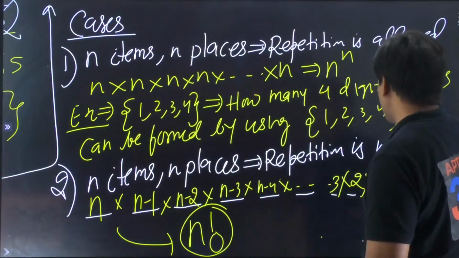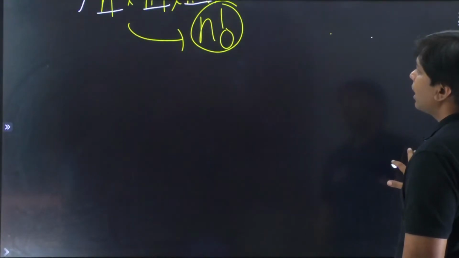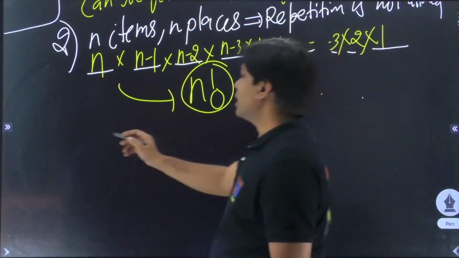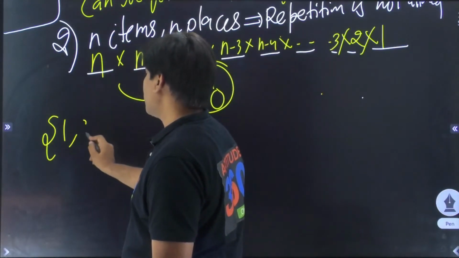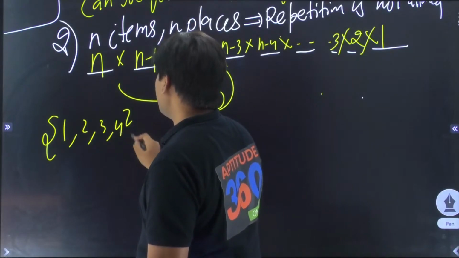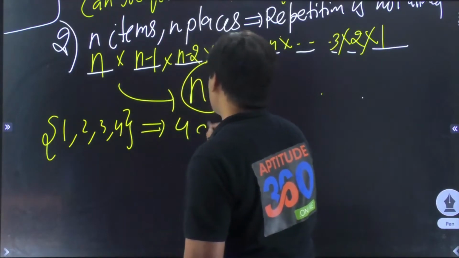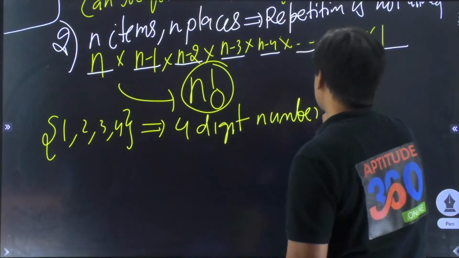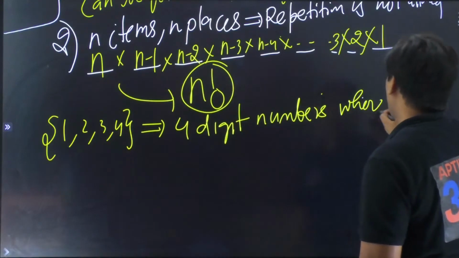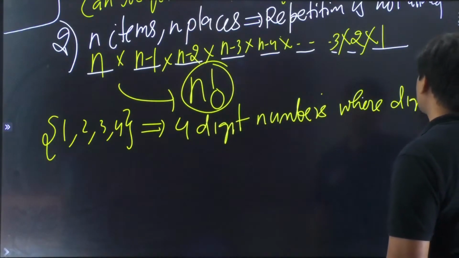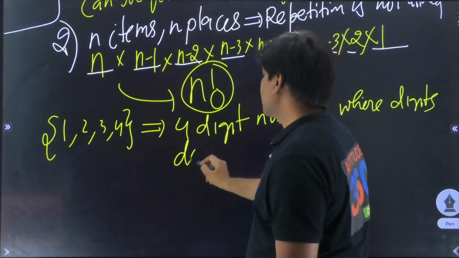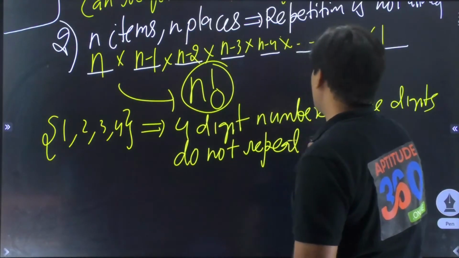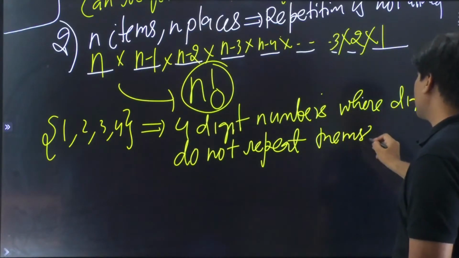तो अगर मैं यहीं पे आपसे पूछ लूं, I have got 1, 2, 3, 4, and I have to form 4-digit numbers where digits do not repeat themselves.